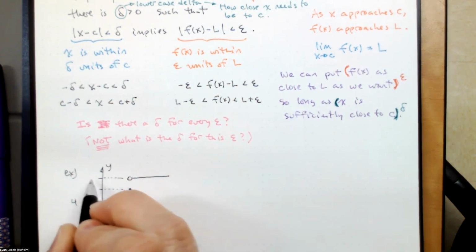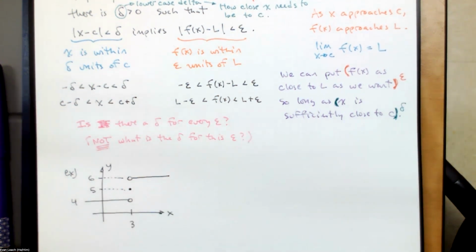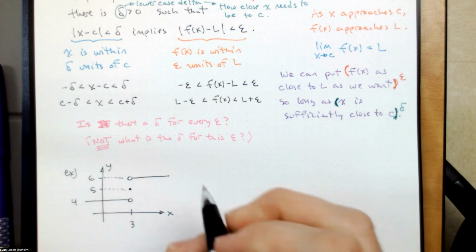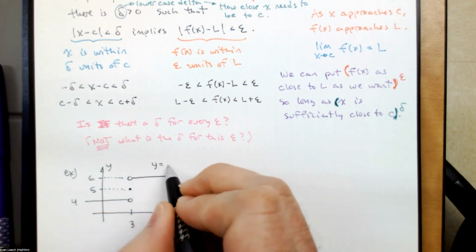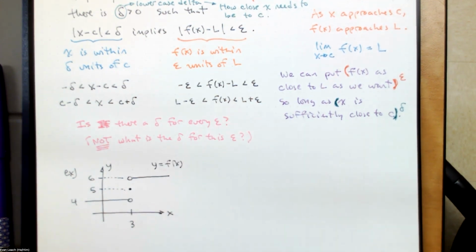And this is at 6. And here's our function. In this case, we would say that the limit as x approaches 3 of f of x does not exist.